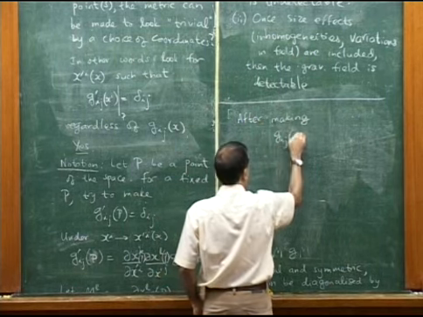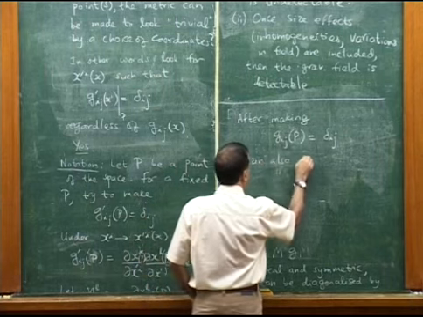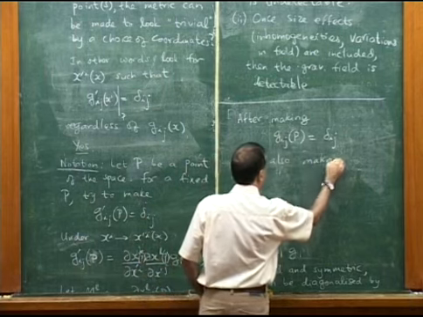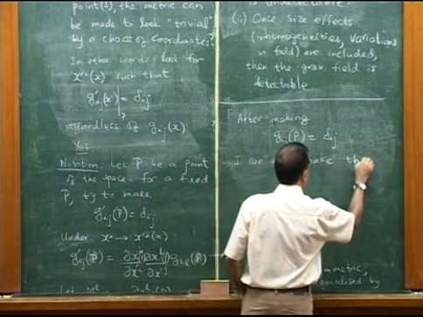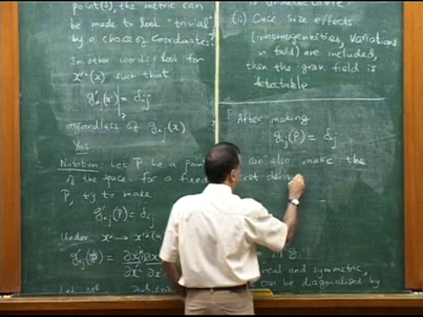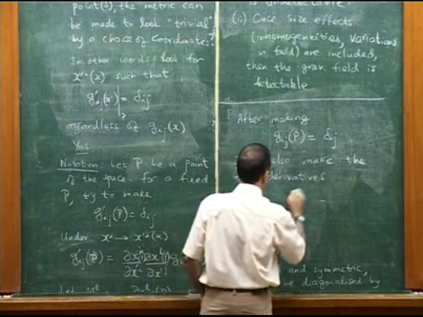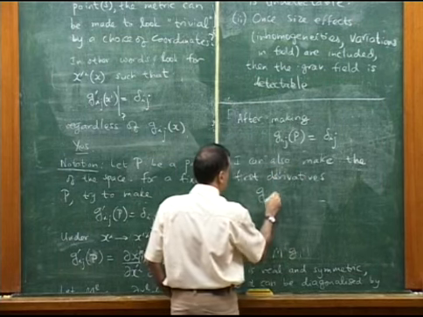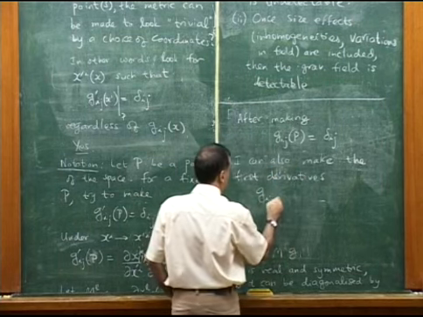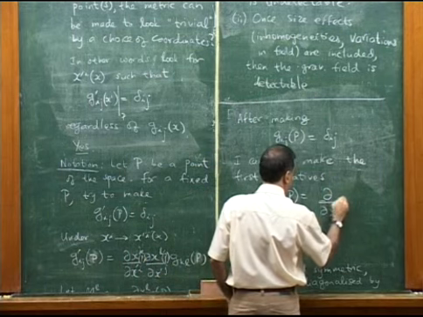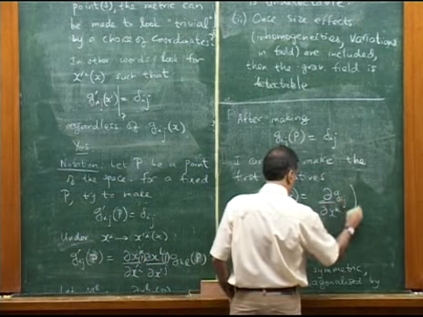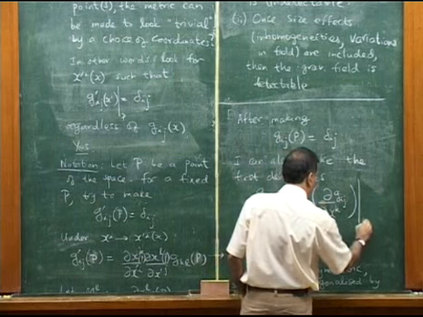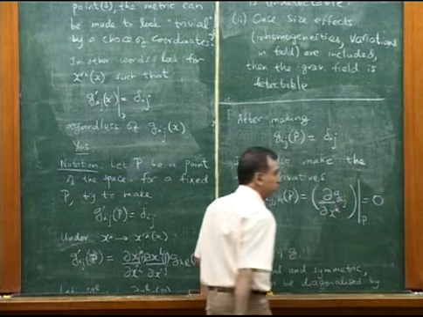I can also make the first derivatives Gij, comma k at P, which means d by dxk of Gij evaluated at P equal to 0.